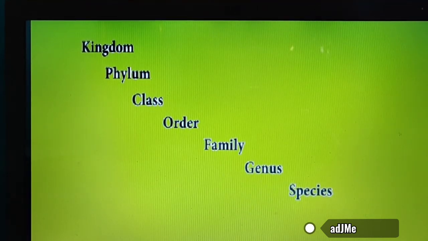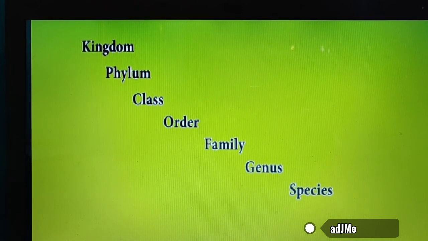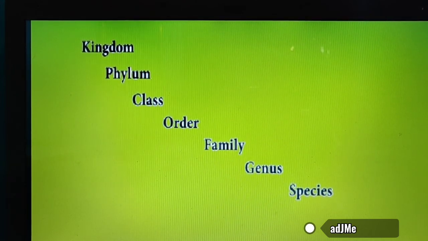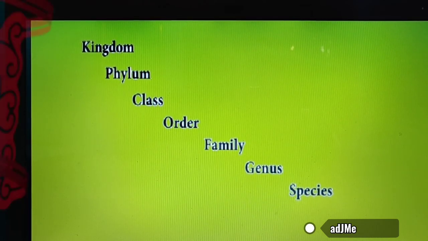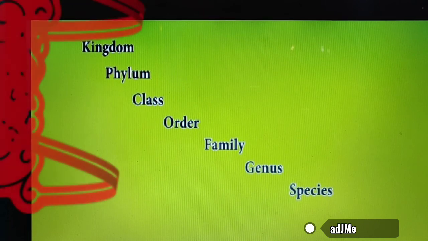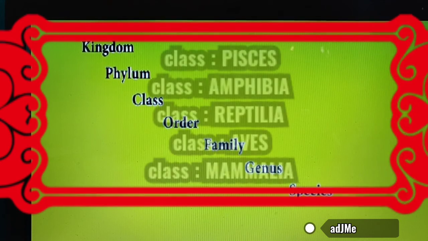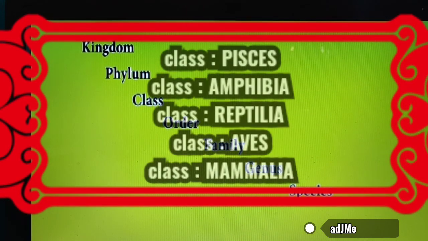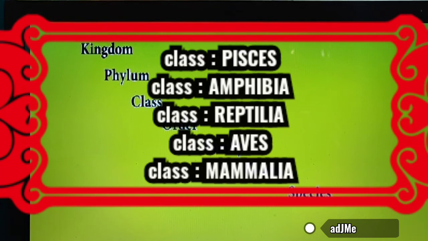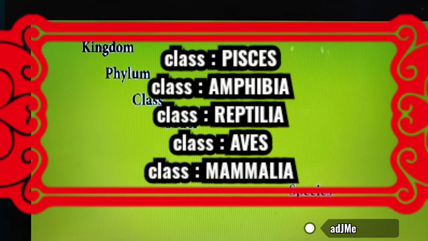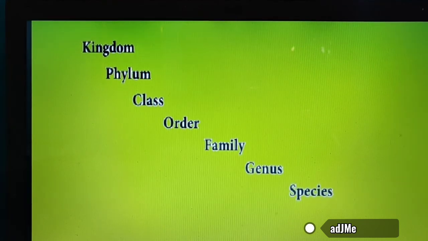You come across mammals, birds, reptiles, frogs, which are from different classes: class Mammalia, class Aves which includes birds, class Reptilia which includes reptiles, class Amphibia which includes frogs and toads, and class Pisces which includes all fishes. Even though they belong to different classes, they are put under one phylum, Chordata, since they have a backbone.